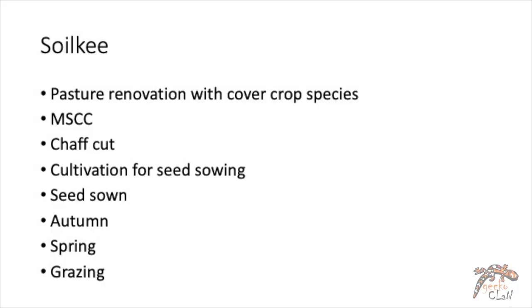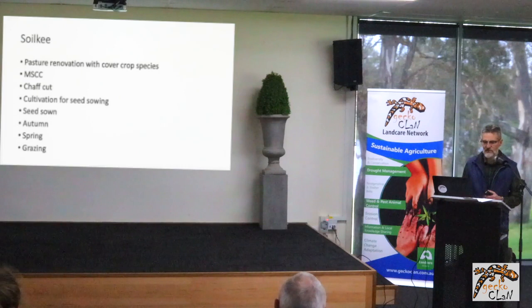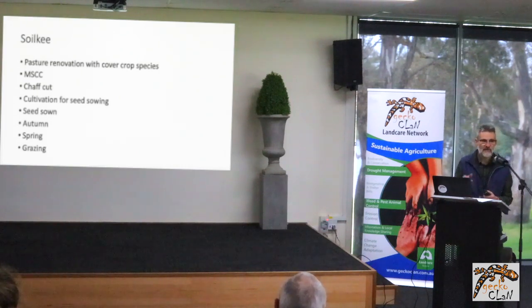So we visited the property where some people might have heard of the Soilkee pasture renovation method. So it's renovating within an existing pasture. You don't need to change your pasture with cover crops, and they're doing it in strips. It's quite clever. So multi-species cover crop, but importantly, there's a couple of processes.